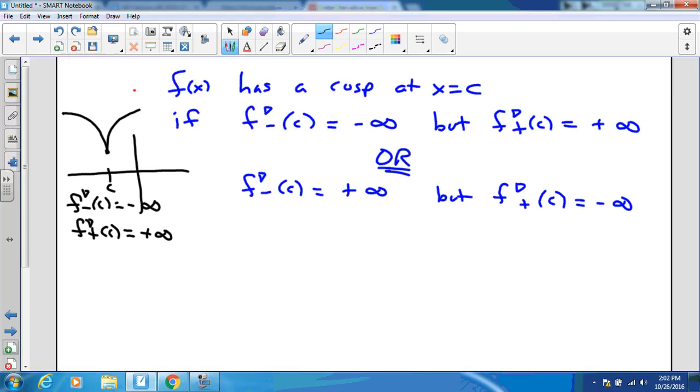So that my function has a vertical tangent line right here at x equals c, but we have different signs of infinity, so to speak. In other words, we have decreasing slopes from the left and increasing from the right. Does this make sense? Somewhat? Jennifer's not convinced.